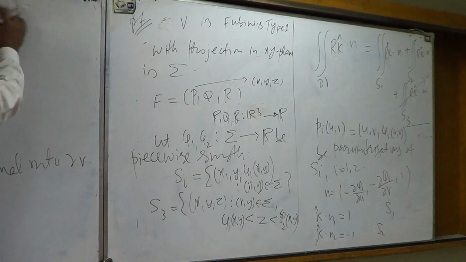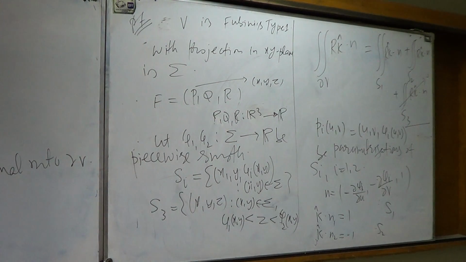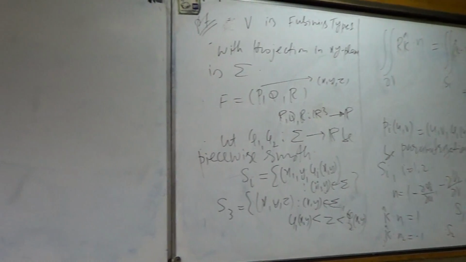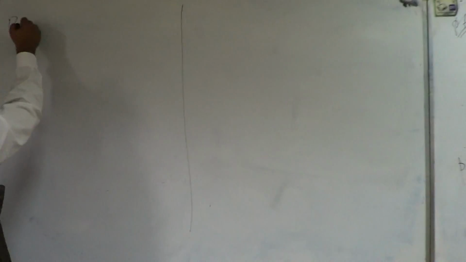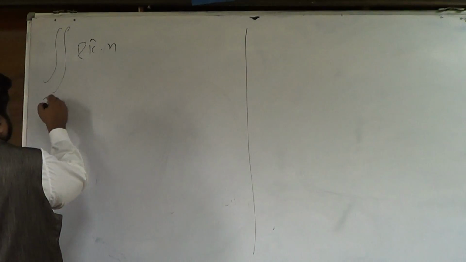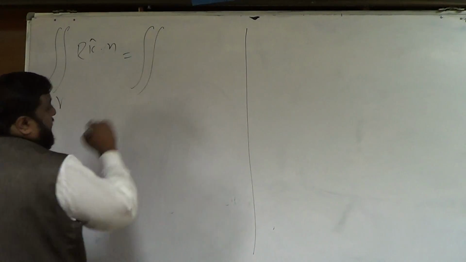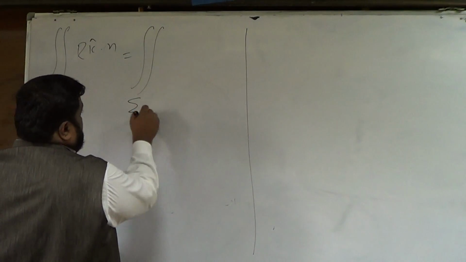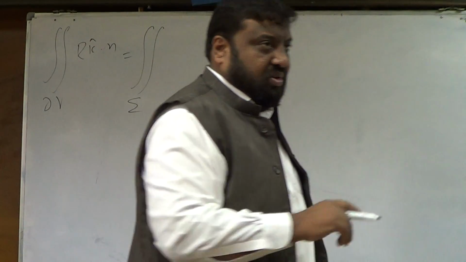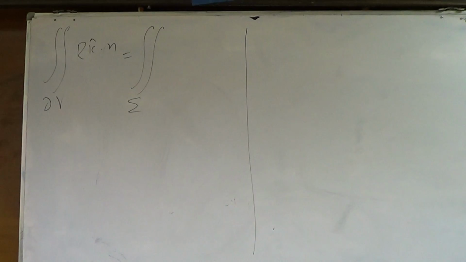Okay. And now I can really wrap up the things because we have got almost everything that we want. So this double integral of R K hat dot n over the boundary of V is going to be equal to that over sigma, you integrate R and K dot n.